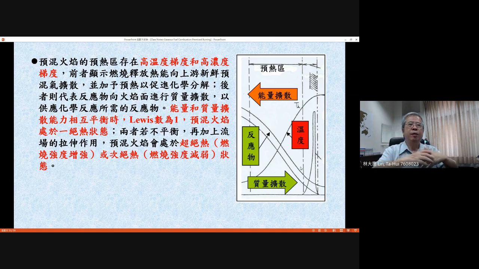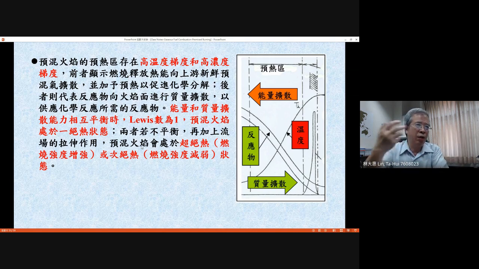Okay, for the one-dimensional model, usually if you assume the diffusion strength, or diffusivity, for heat and mass are balanced, then we say this is Lewis number equal to 1, right? The Lewis number is equal to lambda divided by rho c_p D, right? Lambda divided by rho c_p D is the ratio between the heat diffusivity and mass diffusivity, or you can say thermal diffusivity to mass diffusivity.